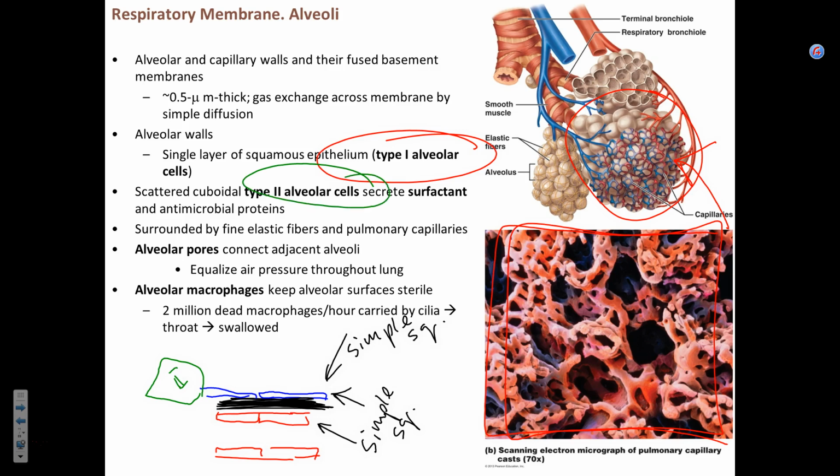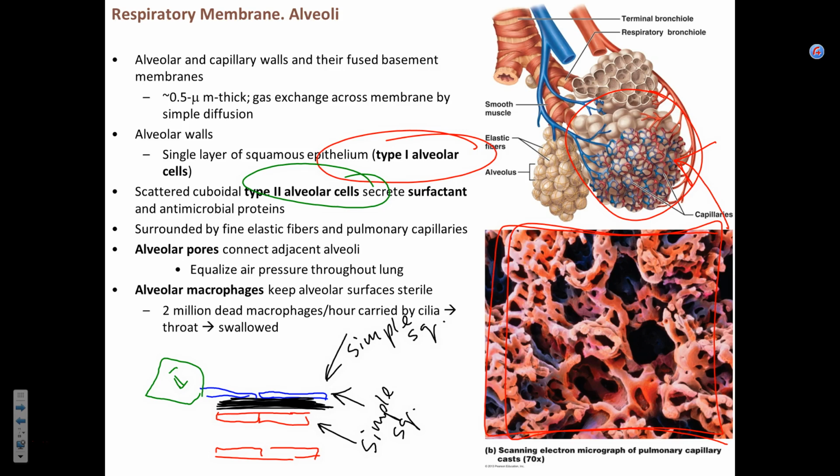They produce surfactant. I want to remind you, surfactant is the chemical that reduces the surface tension of water. Does that make sense? We'll get back to this idea and talk about the factors that determine the efficiency of the lung, basically. Okay?